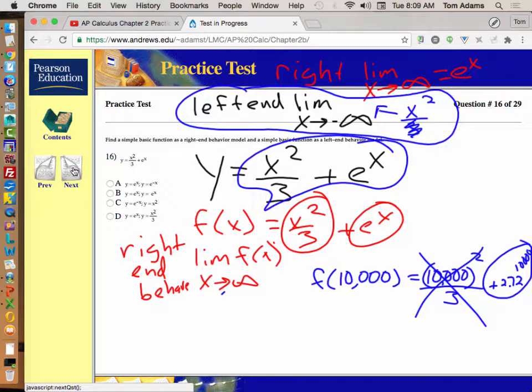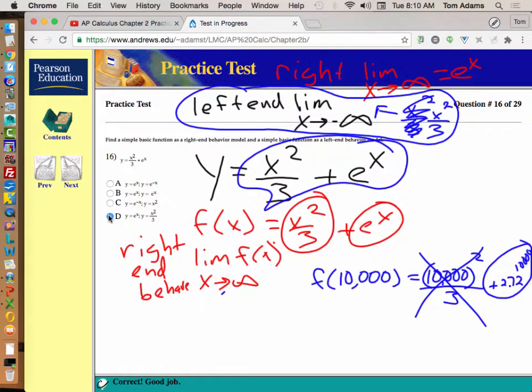See, the problem is I don't see one that's just x squared, but I do see one that's x squared divided by 3. Wait, well, C is x squared. Yeah, but it's got an e to the negative x, and that's not what we're looking for. So remember at the very beginning I said dividing by 3 may or may not matter. Apparently to the author of the textbook it does.